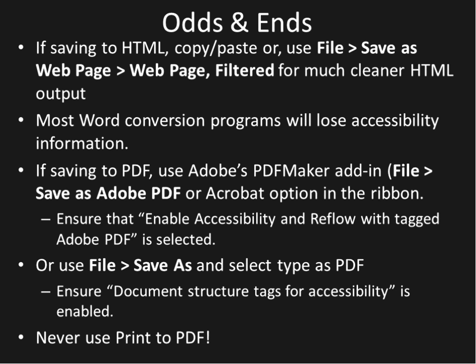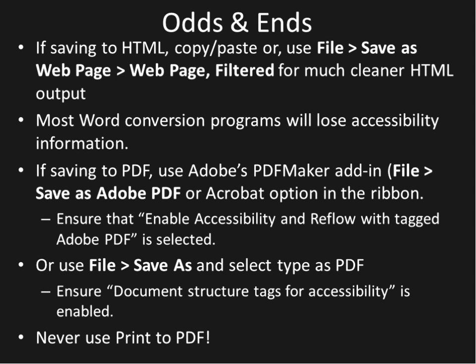Word does provide an option to save as web page. If you do this, in the File menu, you'll select Save as Web Page. You want to select the option for Web Page Filtered. There's two options. I think the primary one is Web Page Full or just Web Page. You want to select Web Page Filtered. It creates a much cleaner version of that HTML document.